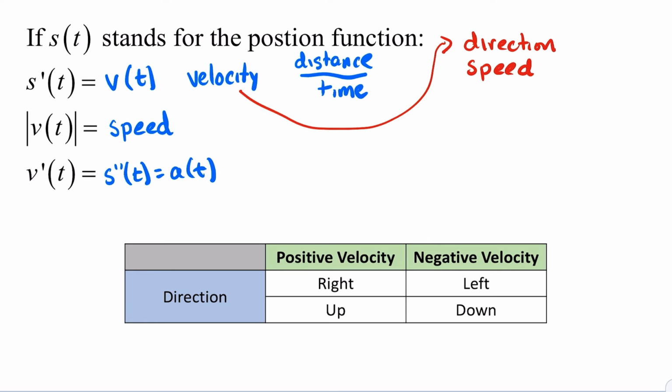And so what that means is when I have a positive velocity, I am moving right or up. Meaning, think about if you're on a number line, if you're moving to the right, v of t is greater than 0. If you're moving left, v of t is less than 0. And that makes sense because I think of 0, and then numbers to the right are positive, numbers to the left are negative.